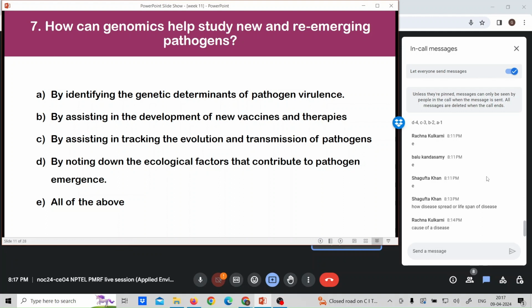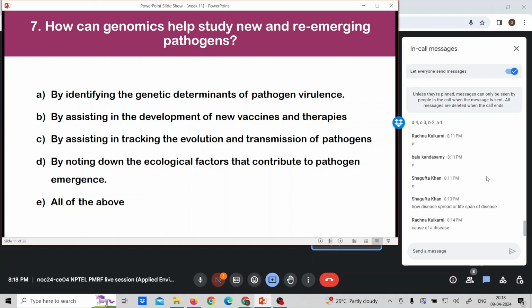It also assists in tracking the evolution and transmission of pathogens. As I told you, we need to know the determinants and the distribution among the population to term the study as epidemiology, right? So we can figure out the evolution of the pathogen and how it's being transmitted, so we have a better idea about the distribution here. And then by noting down the ecological factors that contribute to the pathogen emergence.